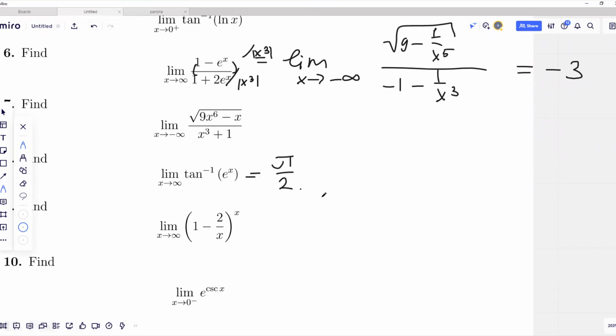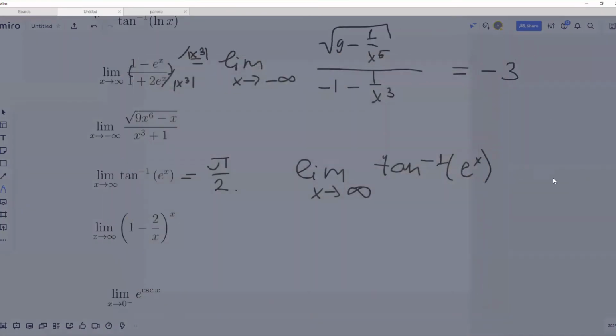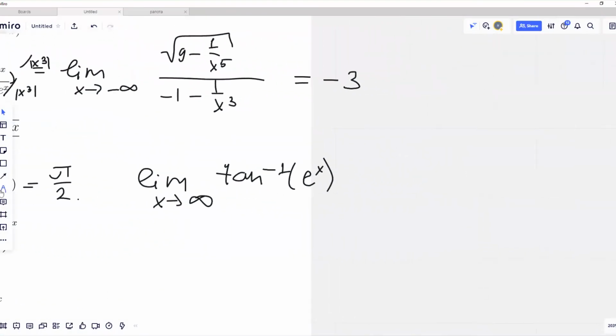We can solve this by substitution. If we write down all the steps that we did right now, it will be of the following form. Our first step, we made a substitution: e to the power of x, let's call it theta.